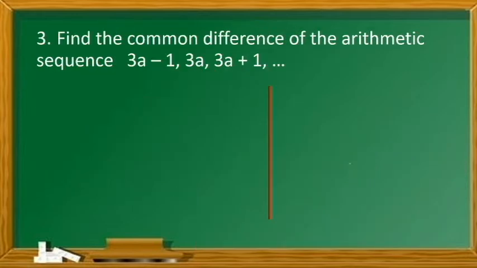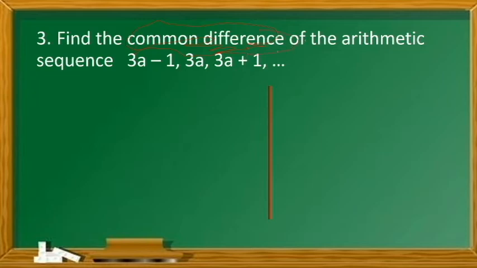Third example, find the common difference of the arithmetic sequence 3a minus 1, 3a, and 3a plus 1. Take note that we are given this sequence and we are asked to find the common difference.